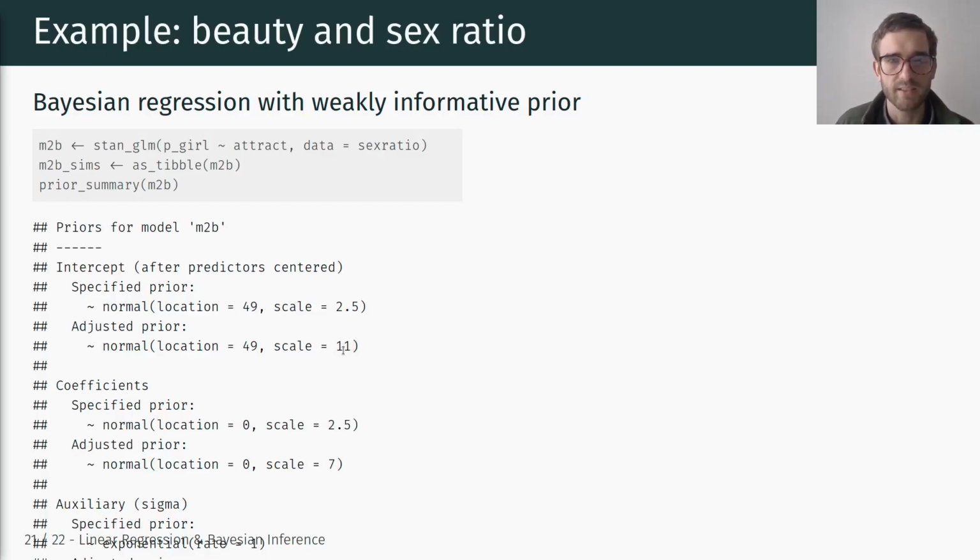That's quite a wide range, and similar for the coefficient, with a mean of 0 and a scale of 7, which is very large. So this shouldn't really make any difference compared to the OLS estimate, or it's basically equivalent to a flat, non-informative prior result.